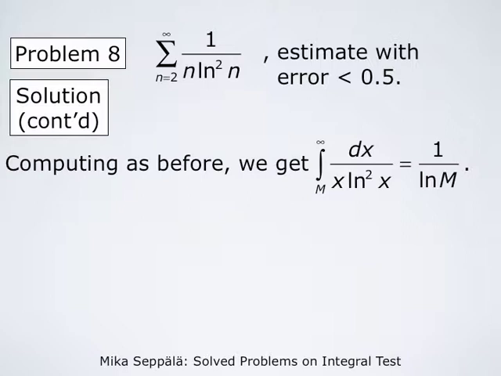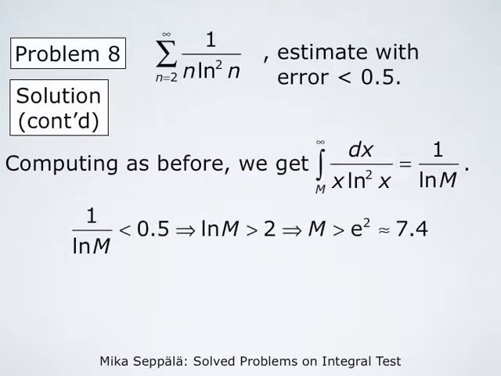Now this can be readily done because we can compute this integral in an explicit way. Computing as before, we get that the value of this improper integral is 1 over ln of m. Therefore, the condition for m to get the desired accuracy of the estimation is that 1 over ln of m has to be less than 0.5.